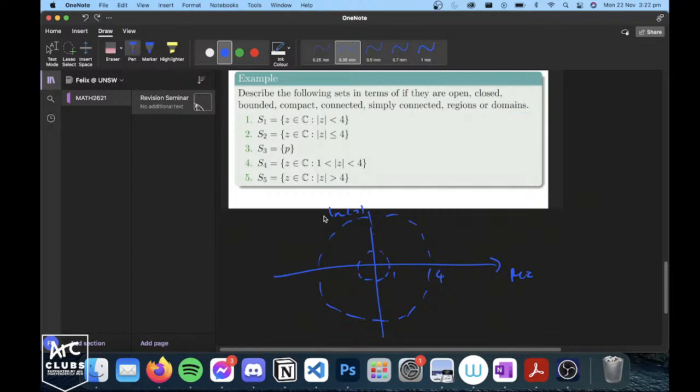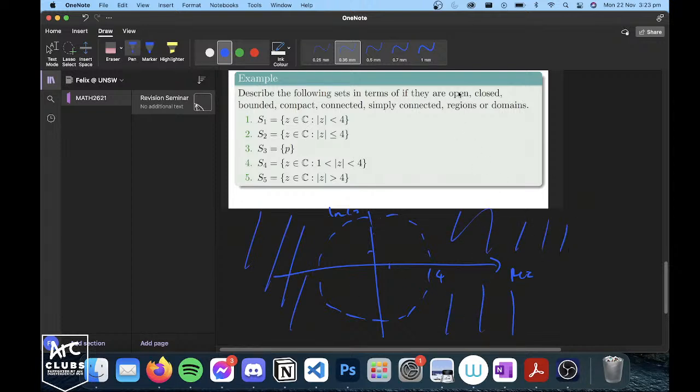Then let's do quickly the last one. I'll get rid of, what about just pretending the circle's not there? So the modulus is larger than 4, which means it's the set of all points outside of this circle here.